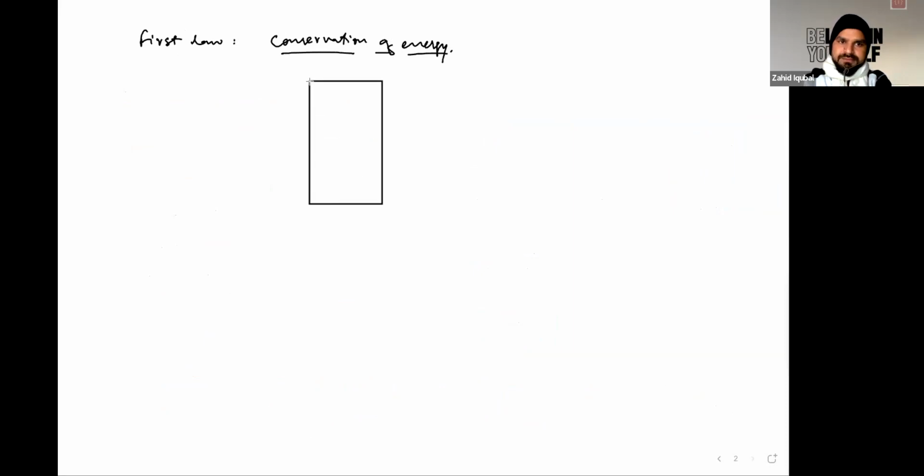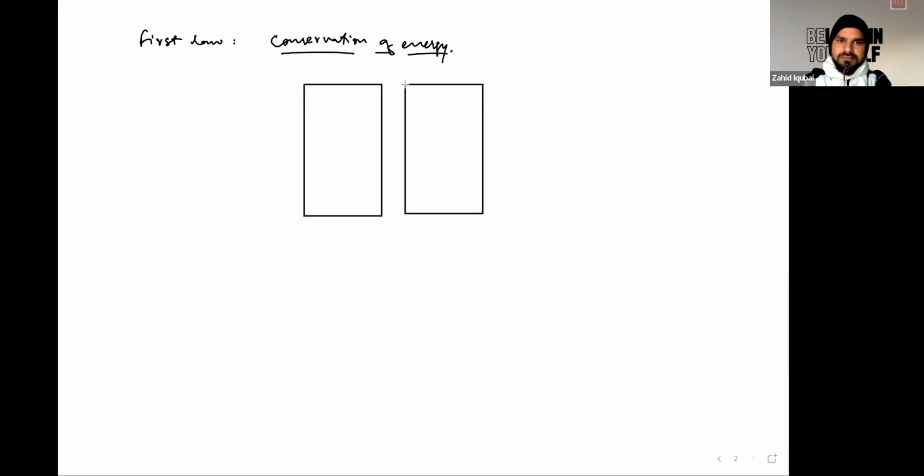Suppose you have a vessel containing gas with a movable piston, let's say this, having gas.